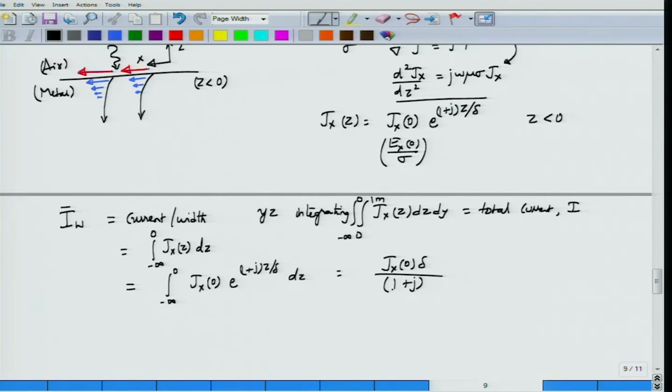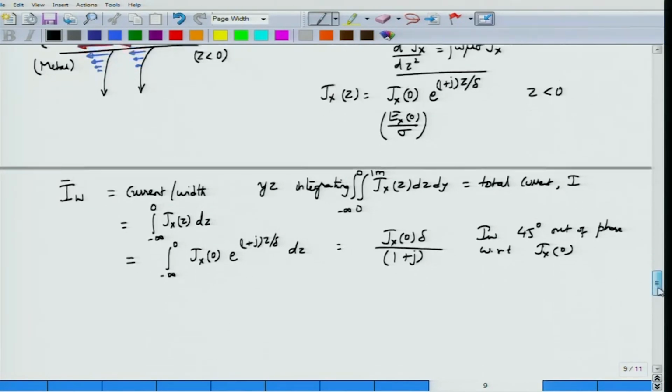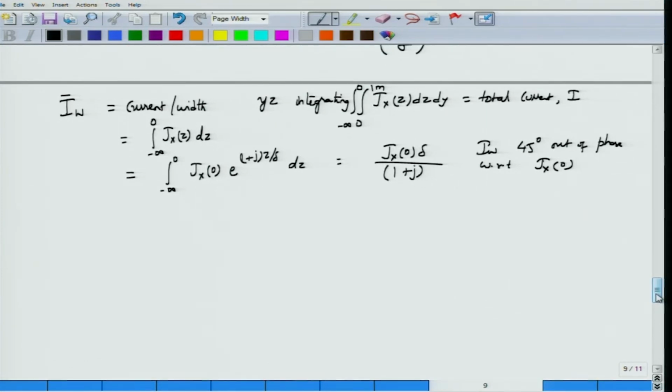What is the meaning of this? The meaning is that the current per unit width is out of phase by 45 degrees with respect to the current at the surface. Current on the surface Jx of 0 is 45 degrees out of phase with the current per unit width. So, Iw is 45 degrees out of phase with respect to Jx of 0, which is the current at the surface of the conductor.